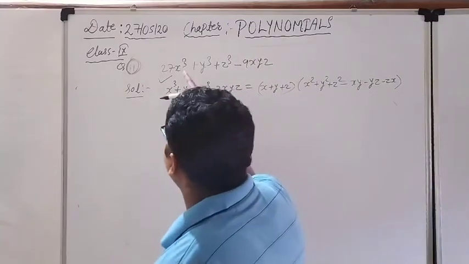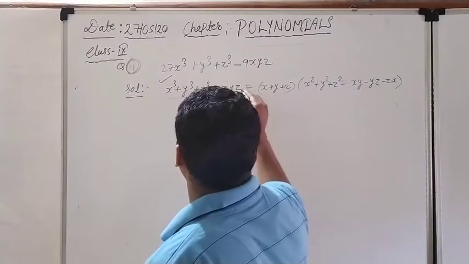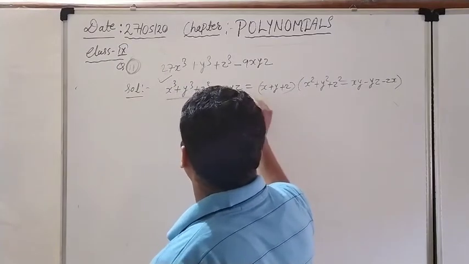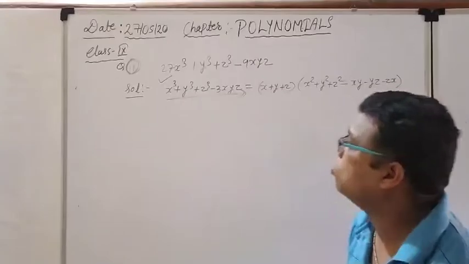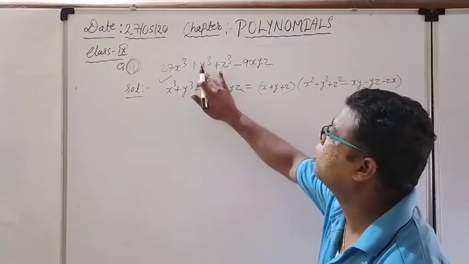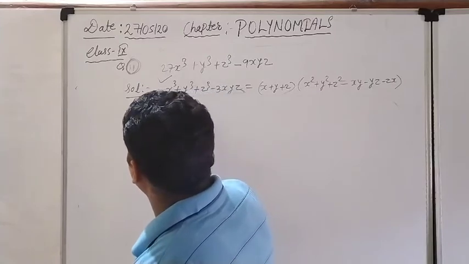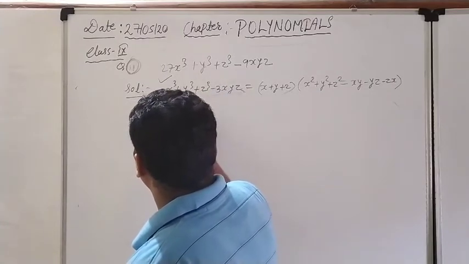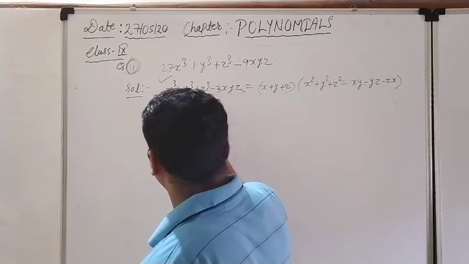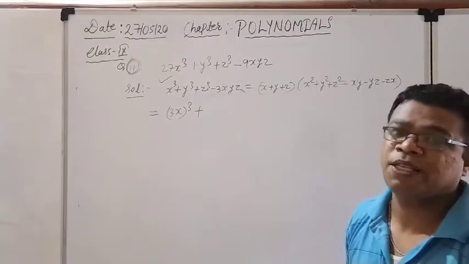Look here, actually this is the identity, so this particular identity we have to use here. See how. First we have to convert the question into the form of this particular format. So this 27x cube may be written as 3x whole cube. Is it okay? Yes, because 3 cube is 27.